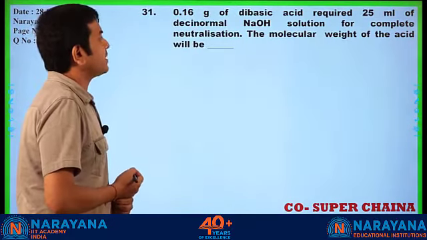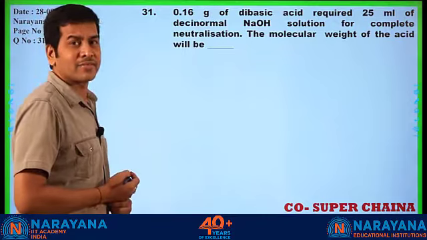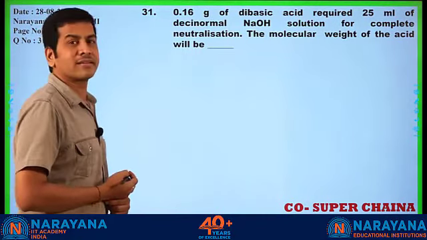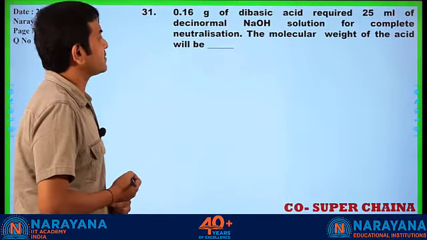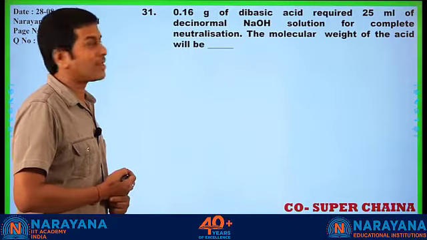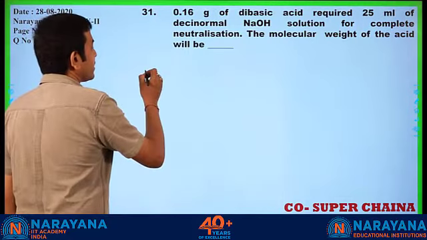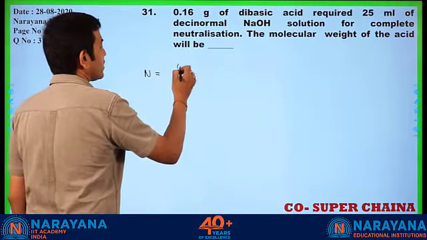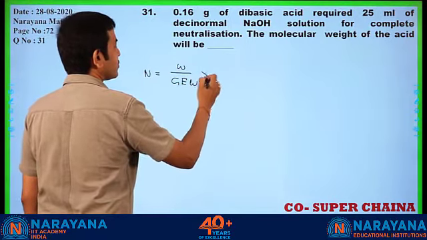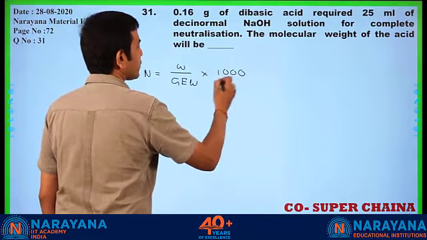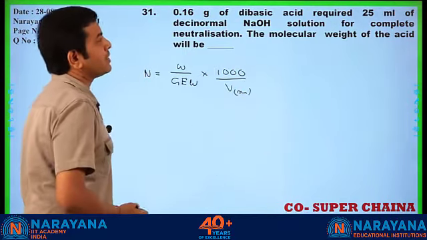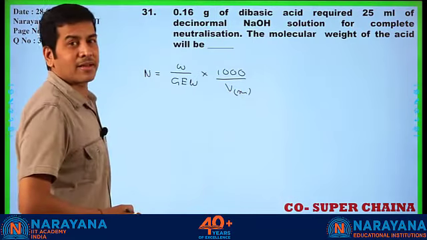0.16 grams of dibasic acid required 25 ml of decinormal NaOH solution for complete neutralization. The molecular weight of the acid will be? You know, normality is equal to weight by gram equivalent weight into 1000 by volume in ml. Here normality is given as decinormal.